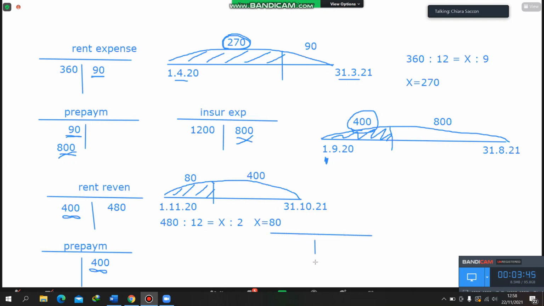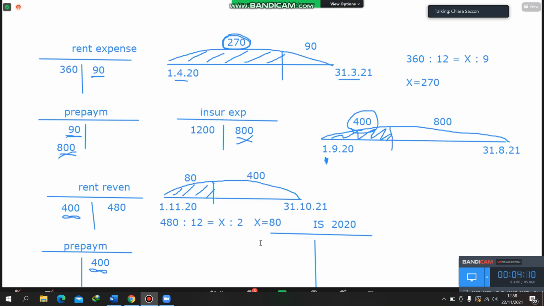So, income statement of the period. Okay. Tell me what is included in the income statement.